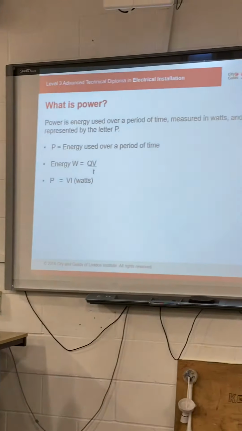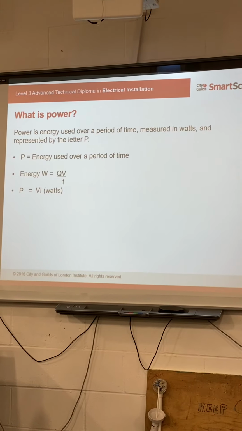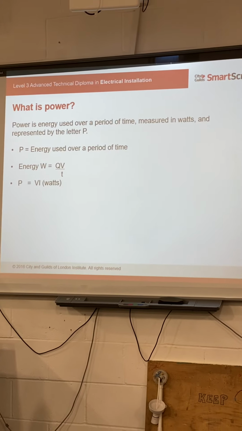I don't know why they like to throw that one in at level 3, because that's that first one. This formula will only work in a DC circuit. This only applies to a DC circuit because when we work in AC, we end up with a power factor now, don't we?